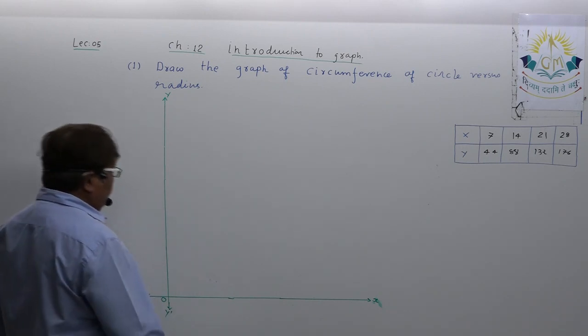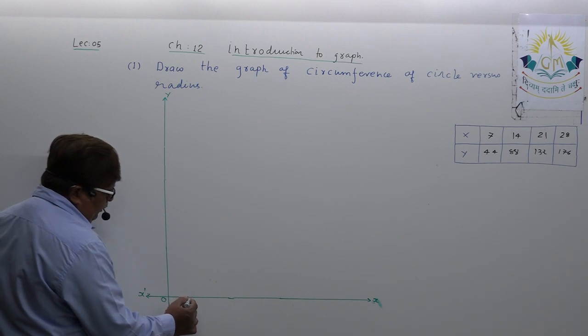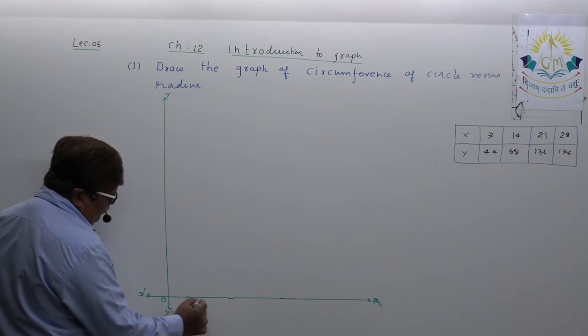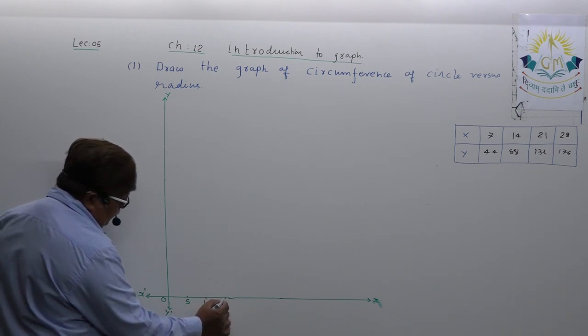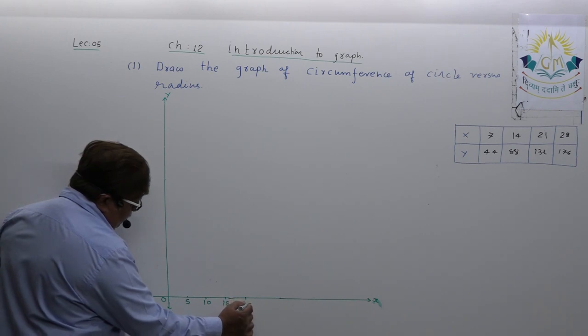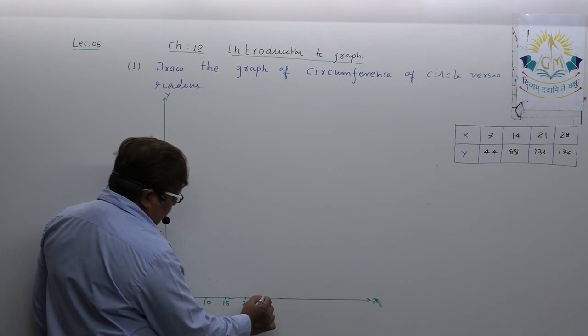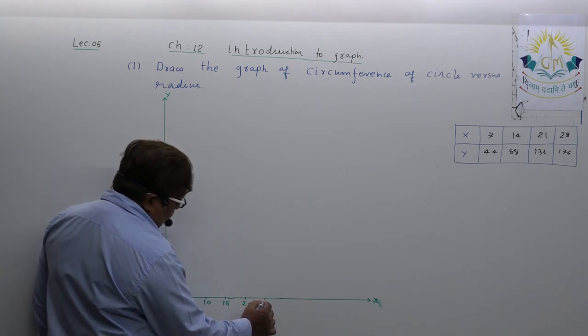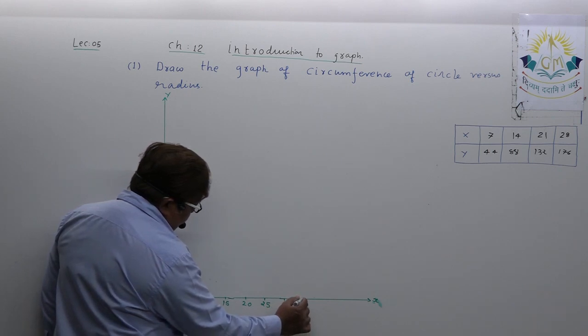So the scale we will select is of 5: 5, 10, 15, 20, 1 centimeter equal to 5, 25, 30, 35.